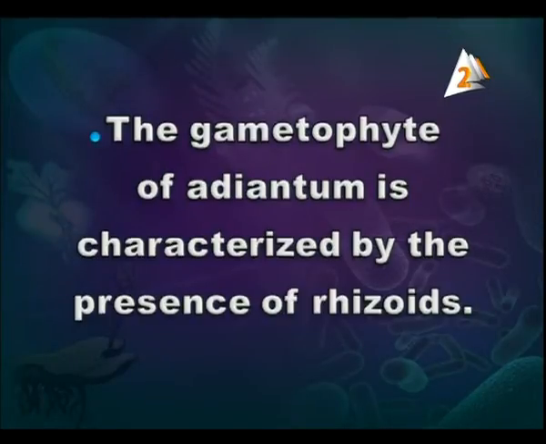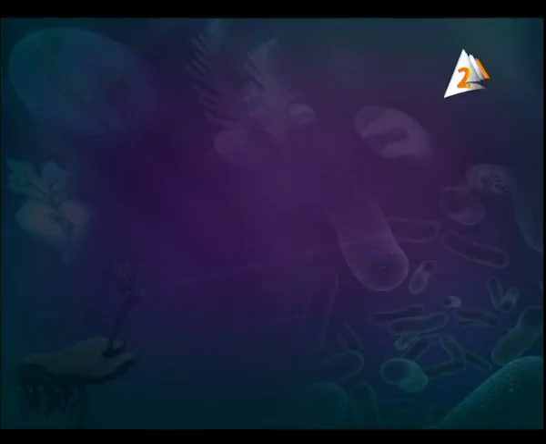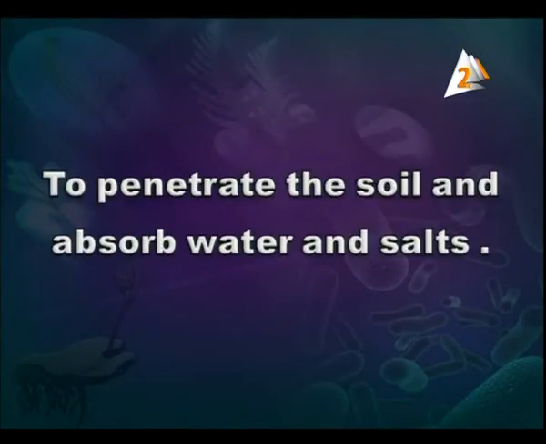The gametophyte of Adiantum is characterized by the presence of rhizoids. Because the rhizoids penetrate the soil and absorb the water and salts and provide the sporophyte, which depends on it for getting its nutrition needs, till it can make its own roots.